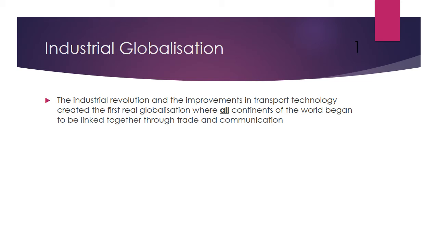So trade and communication, not necessarily equally or fairly, but they were all linked together because we were able to move around the world so much faster and with so many more goods being carried on ships and also on railways as well. So there was this closing of the gap between the countries in terms of their physical space. You were able to get places much more quickly, as we've discussed before in that concept of the shrinking world.